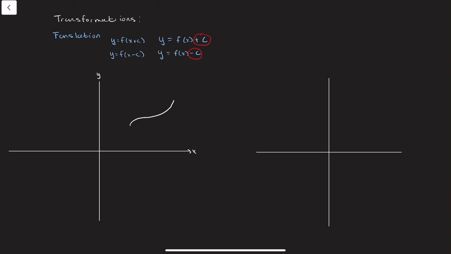So for the first one, we had y is equal to f of x plus c. Then we go like this. So this being y is equal to f of x. This is y is equal to f of x plus c, where we translated a distance of c. Every point gets shifted a distance of c.